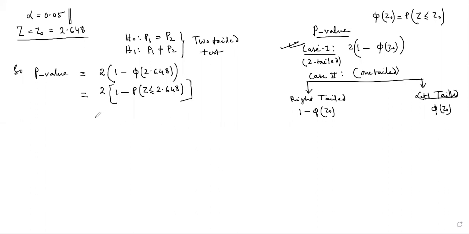Now I'm going to calculate this particular probability by using the normal table that I shared with you in class note. If I try to find the probability of this particular term from the normal table, it comes out to be, let me check the table, 0.9959.